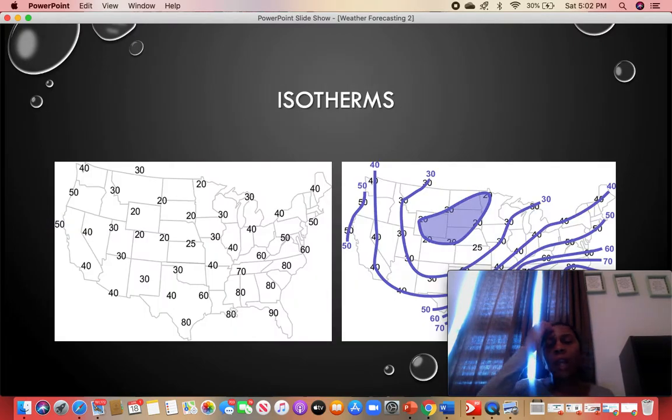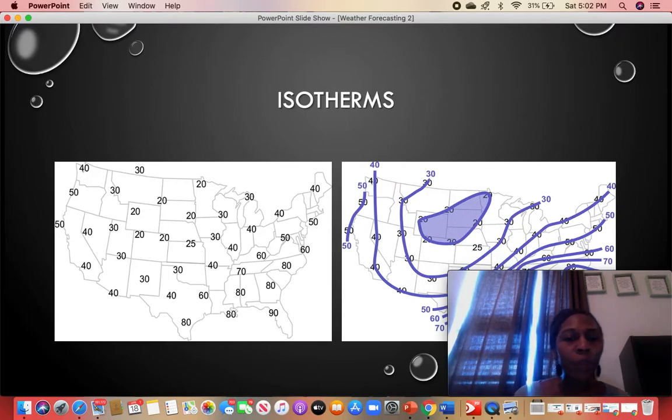Sometimes if we're looking at a region like the US and you have these weather stations reporting their data to one another, you see all these ranges of temperatures across the nation, and we'll see pressures in a minute, but basically you begin to see patterns of temperatures forming across the landscape.